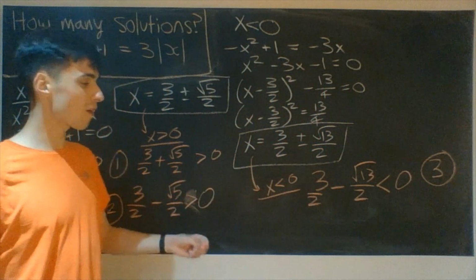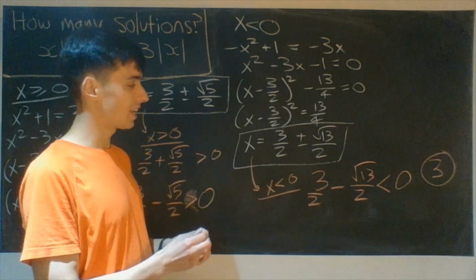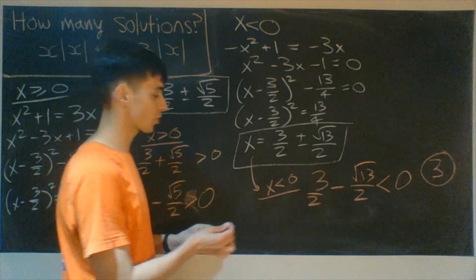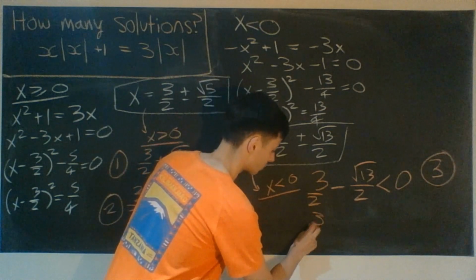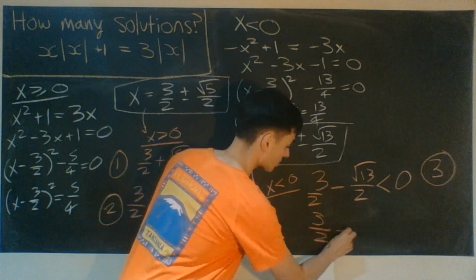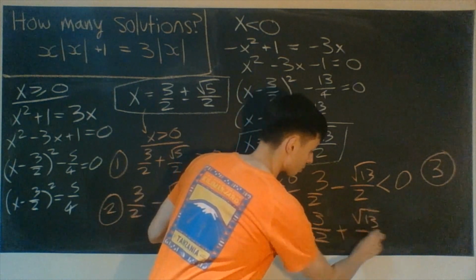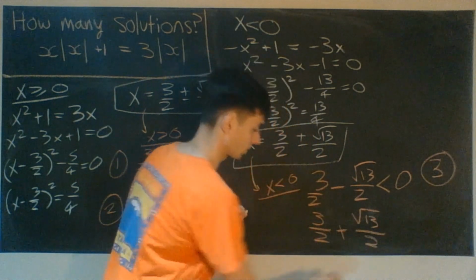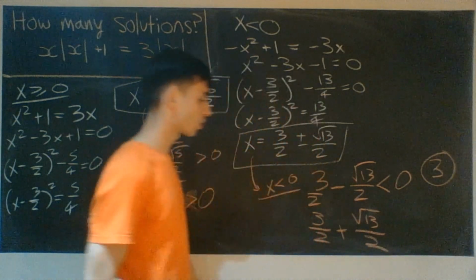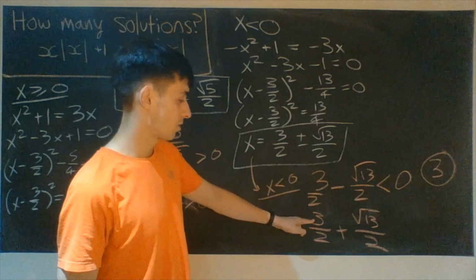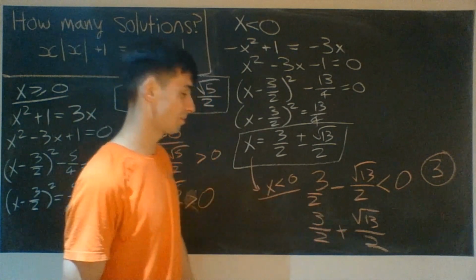But when we consider our fourth solution, it's this same idea that's going to come back to get us. We've got 3 over 2 plus root 13 over 2.